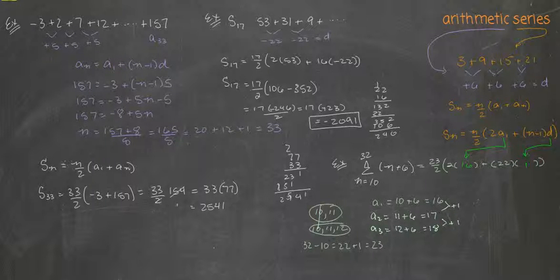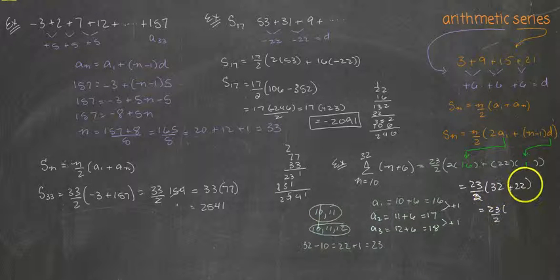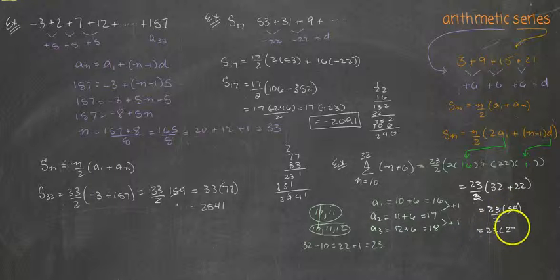And then finishing up the arithmetic, I have 23 halves times 2 times 16 is 32 plus 22. This is halves. 23 halves times 32 plus 22 is 54. 23 times 54 divided by 2 is 27.